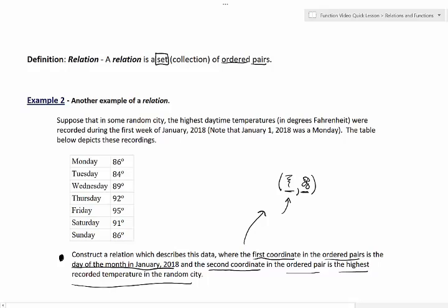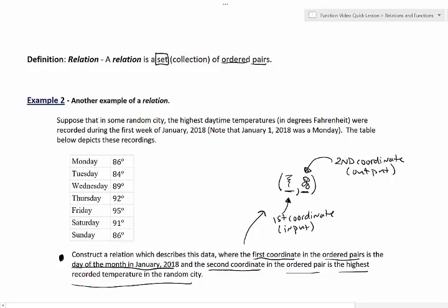The first part of this, the thing that goes first, is called your first coordinate, as we are going to eventually also call input. We'll discuss that later in a different lesson. The second part, go figure, that's your second coordinate, or as we're going to eventually also call the output.